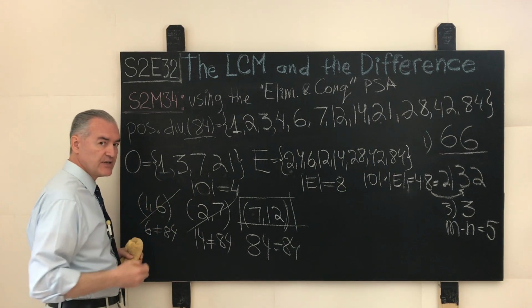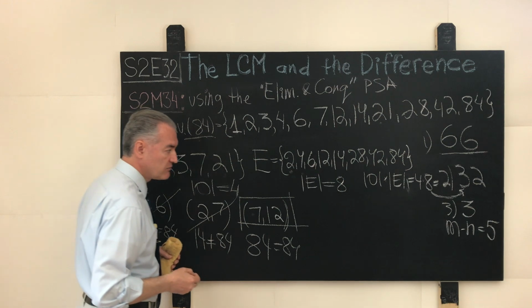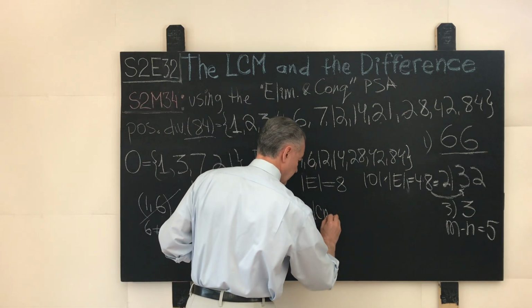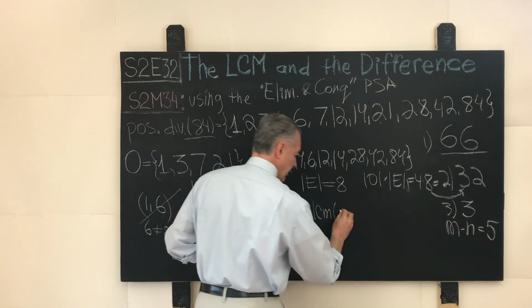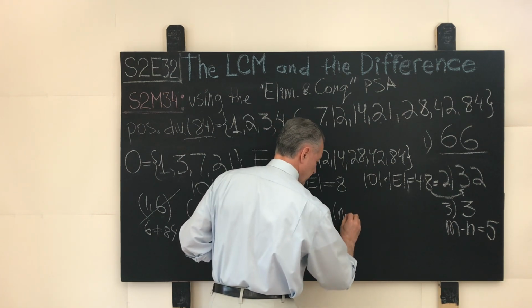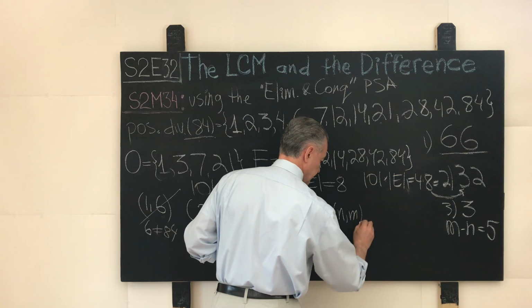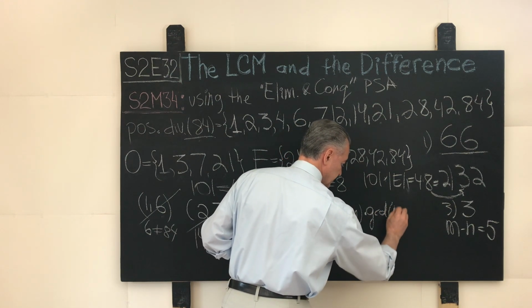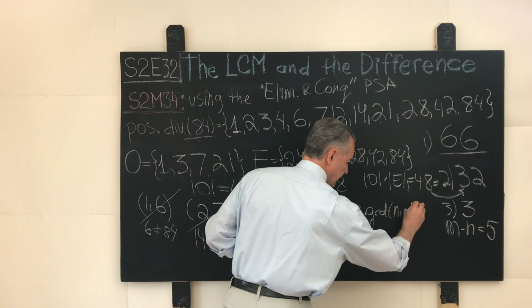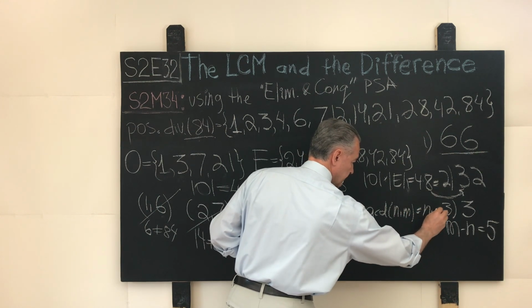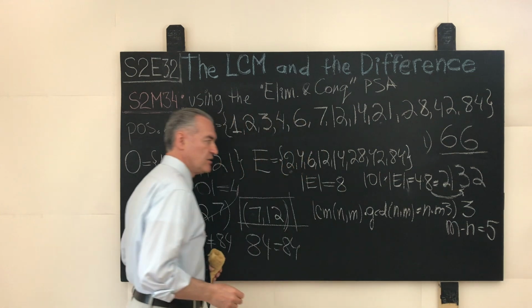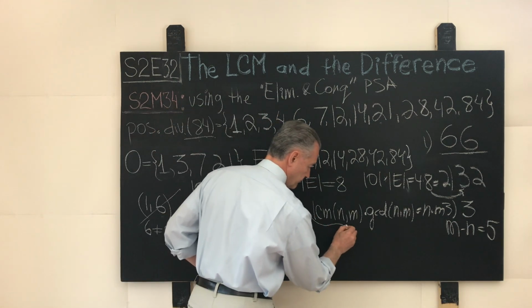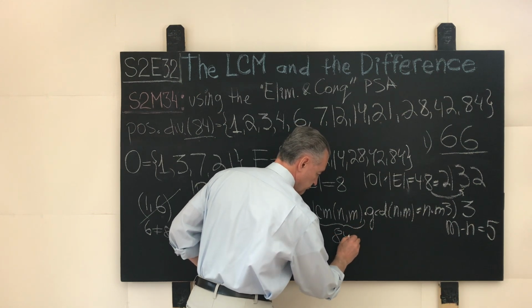And in the next segment, which will be optional, I'll cover the case where we use the early number theoretic identity, which says that the LCM of two integers n and m times the greatest common divisor of these two integers is precisely the product n times m. You see, from this identity, we're given the LCM. It's 84.